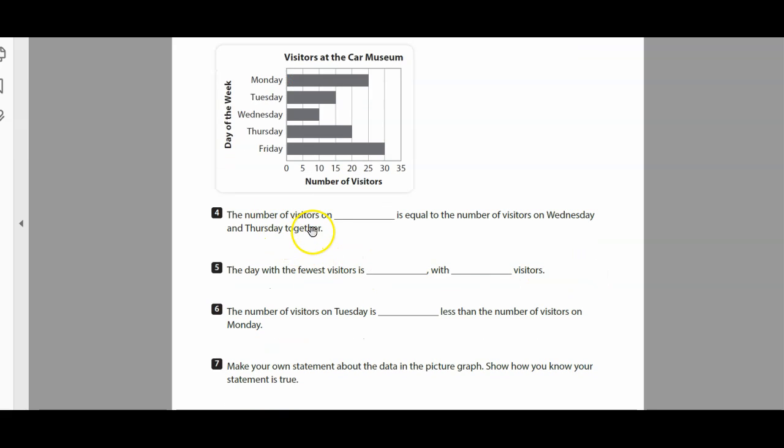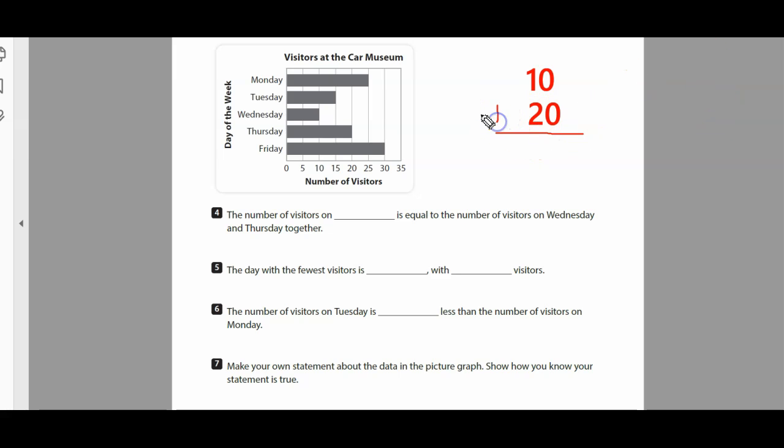The number of visitors on blank is equal to the number of visitors on Wednesday and Thursday. Well, how many visitors are on Wednesday? 10. How many on Thursday? 20. So 10 plus 20 is? 30. Good.